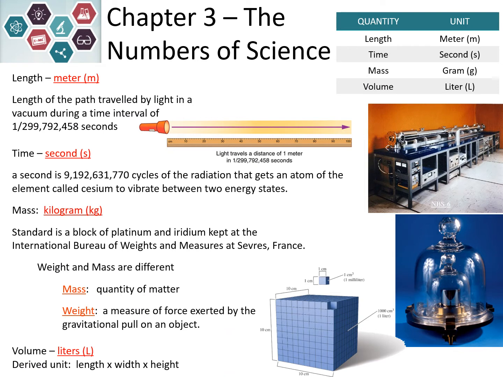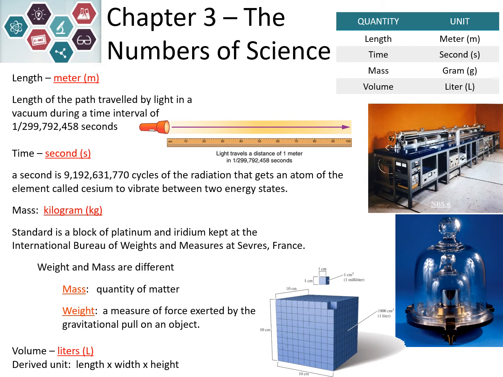In science, we define different types of units, and units are exceedingly important to us. So we look at things like length, and we measure them in a meter. And we define what that meter is very, very accurately and very, very carefully so that when I talk about a meter, it means the same thing as when you talk about a meter.